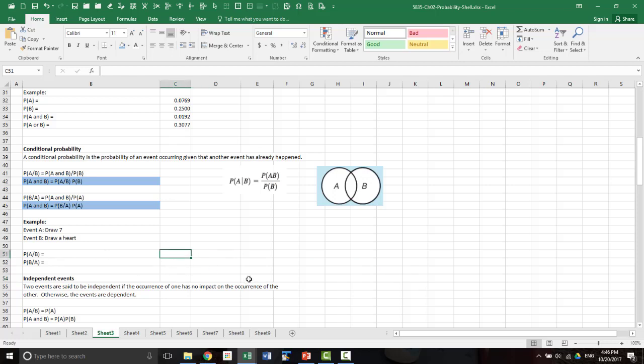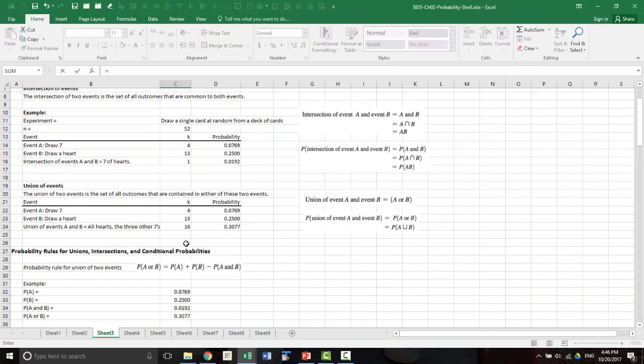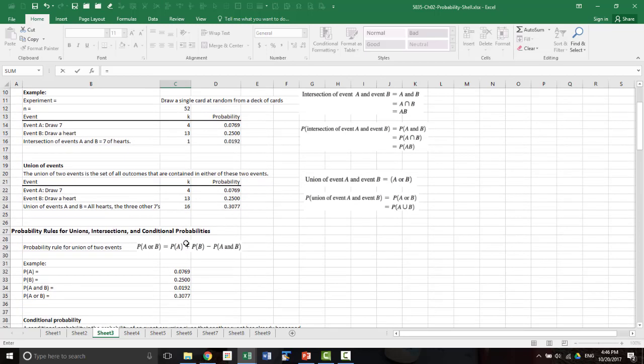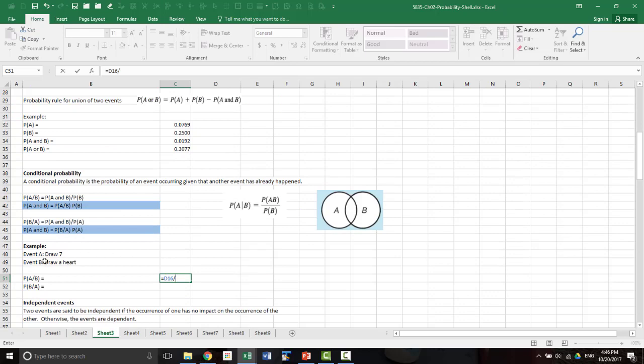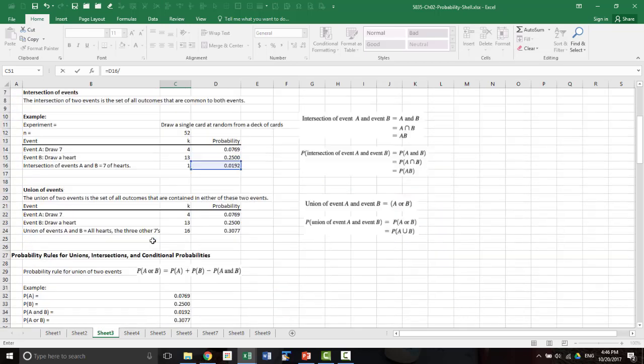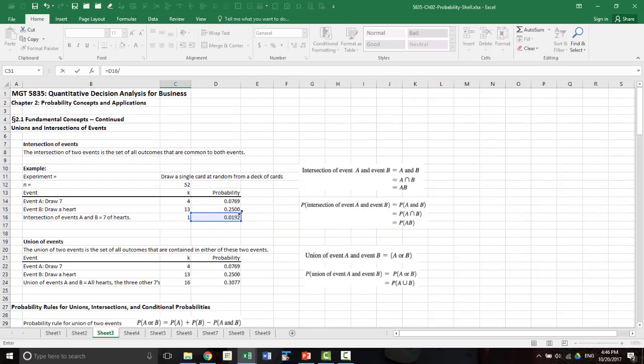We can do that by applying the formula: probability of A and B, the intersection, divided by probability of B. Probability of B is right here.